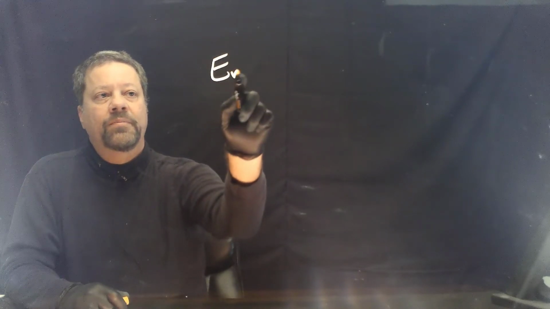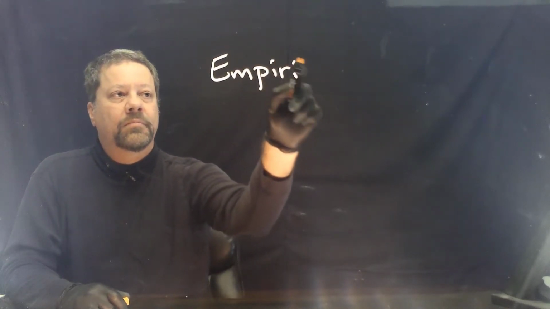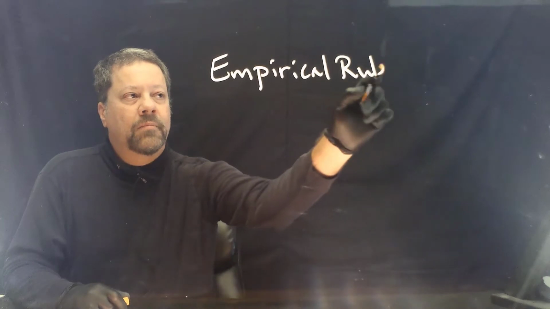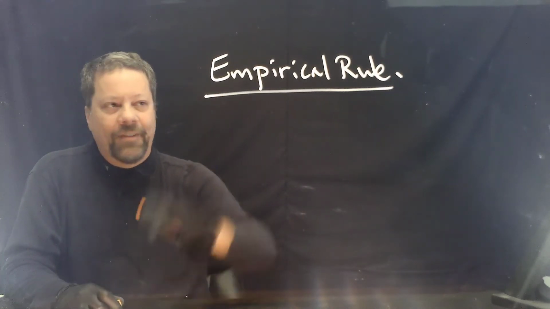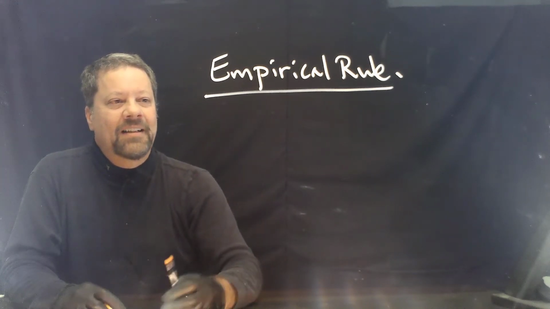And now something really important to note about the standard deviation. It's called the empirical rule. And you just need to know this forever, for the rest of your life. This is really important.